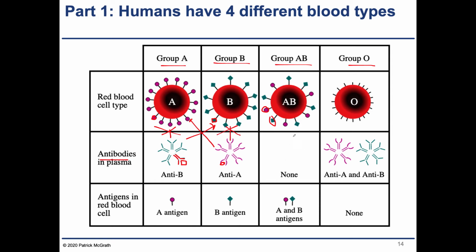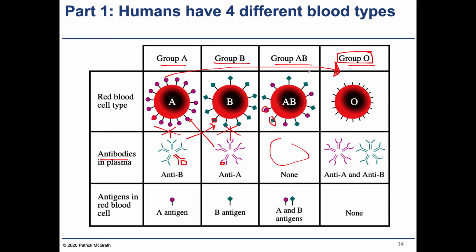And if you are AB, you don't have any of the antibodies. And if you're O, then it means you have both of these antibodies. And so this is a natural process where your body clears out all of the antibodies that recognize your blood. So if you are an O blood type, and you receive, for example, A blood, this is a big problem for you because you have these antibodies.